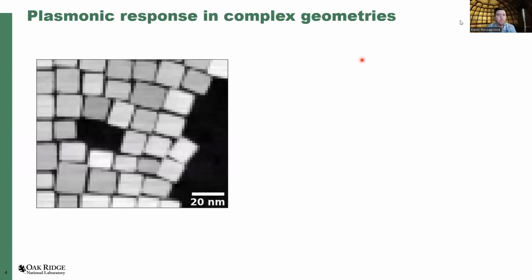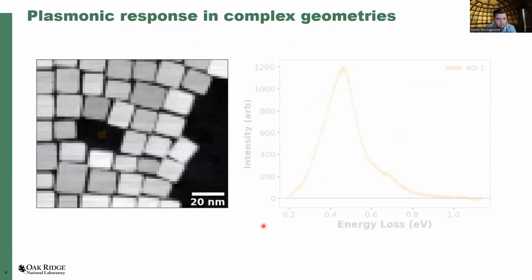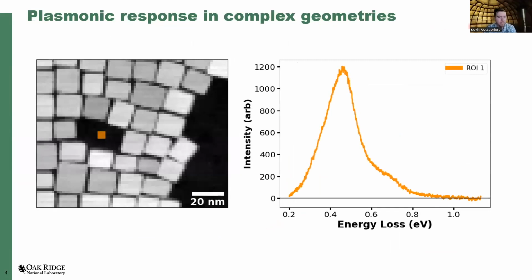The first way to understand this in a very preliminary fashion is, if we put the beam here, or we've already collected the data and now we're looking at spectra from a region that we choose, say the center of this hole, we get this spectrum.